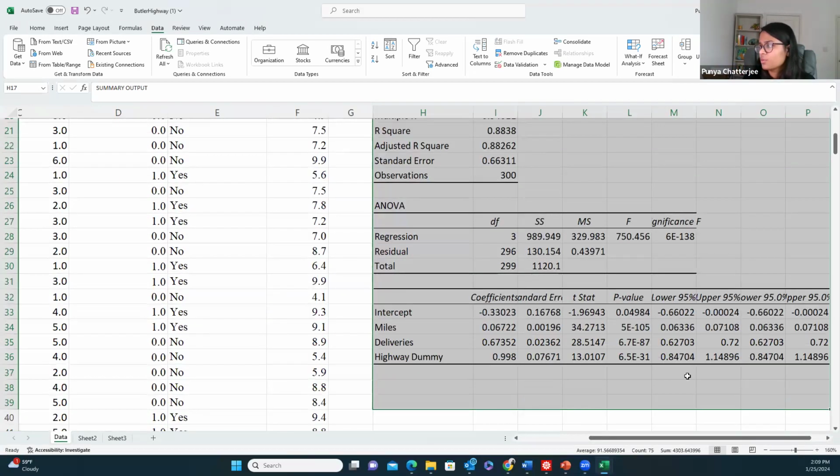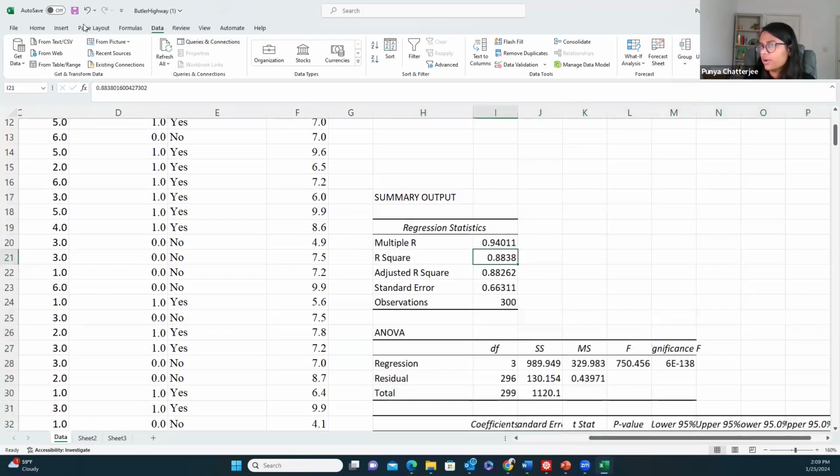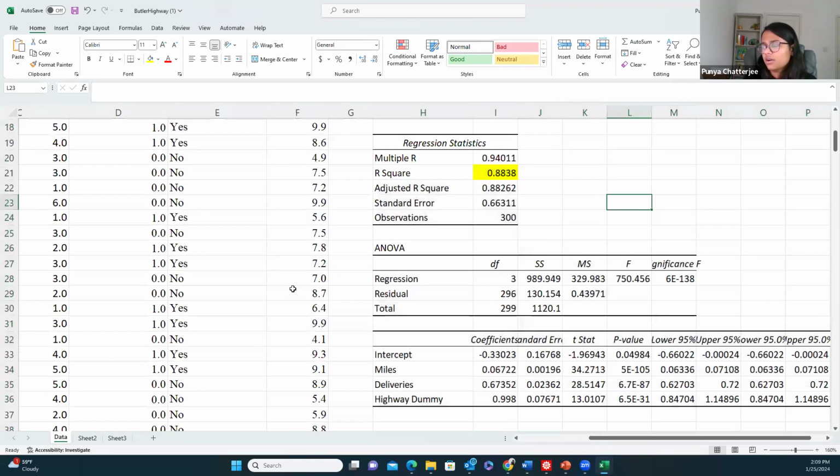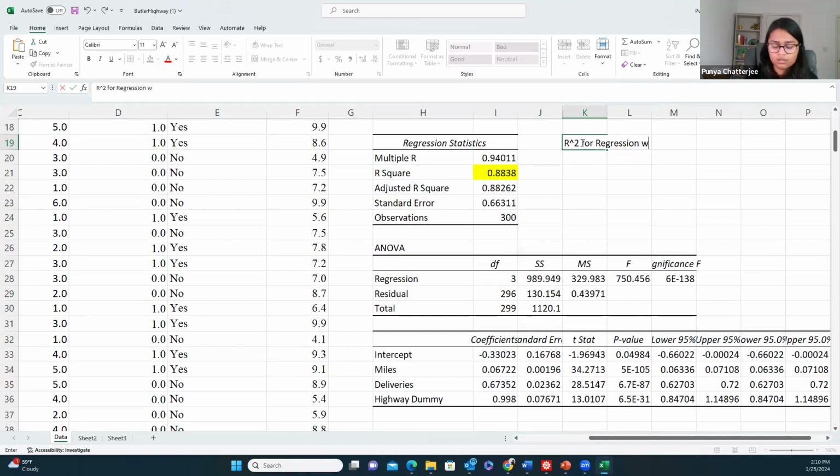And then let's look at my summary output. All right, so first thing, we are gonna look at R squared. Previously, for regression 2, the regression that we had, we had time versus miles and deliveries.